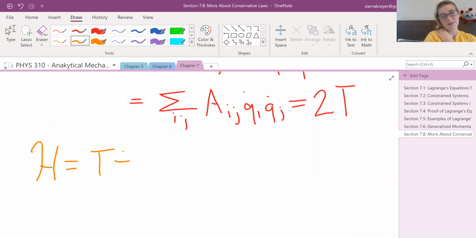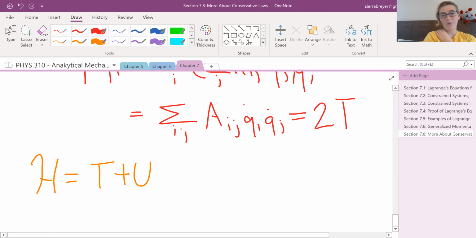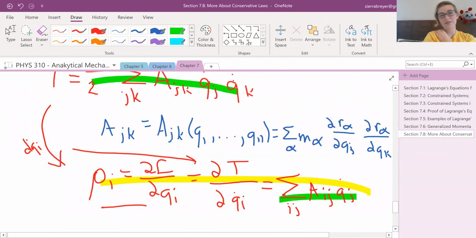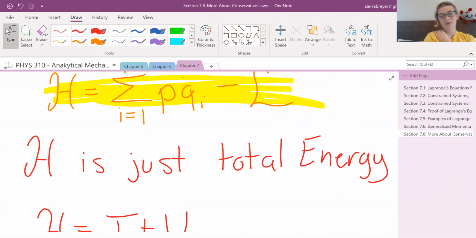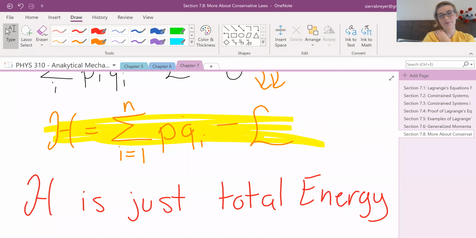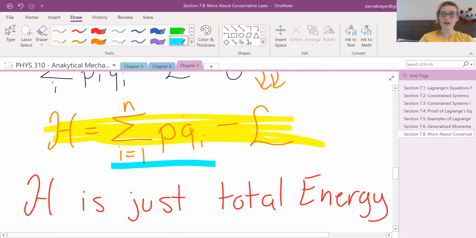Now prove that this equals this. Here's how I'm going to do it. I'm going to scroll back up real quick to show you all how we're about to do this. We're going to use this equation right here. This part is what we just solved for, way at the bottom, that equals 2 times the kinetic energy, so 2t.